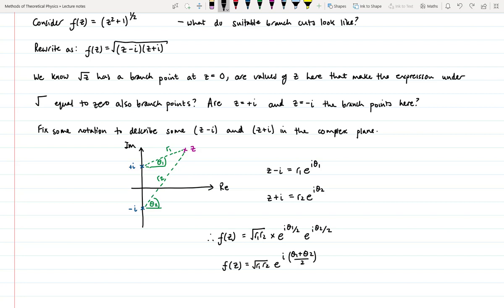We now have that the function at some point z is given by this expression, where we've parameterized things in terms of the moduli R1 and R2 and the angles θ1 and θ2. I'll make the point now that the ranges of θ1 and θ2 are defined so that they can be varied smoothly, and we'll see the meaning of this later once we've made a branch cut.